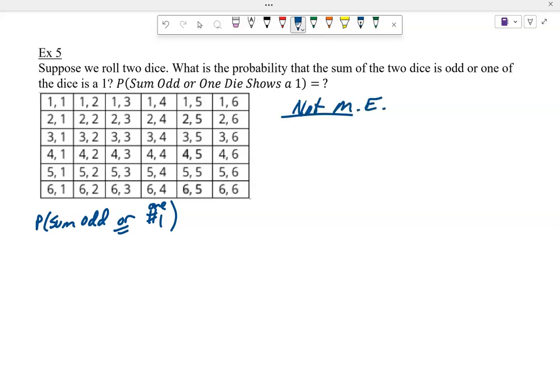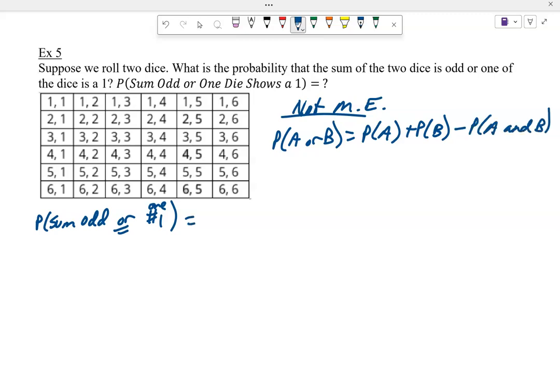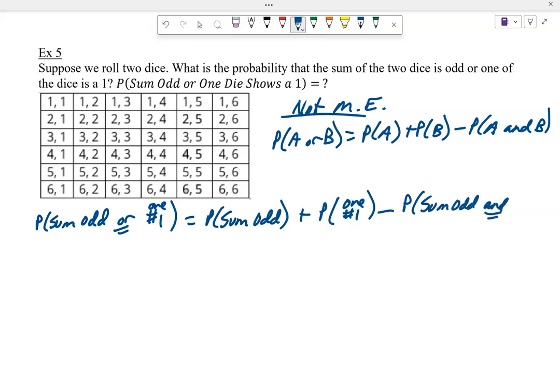mutually exclusive. All right, so probability of A or B is probability of A plus probability of B minus probability of A and B. So we got probability that the sum is odd plus probability that one number is a number 1 minus probability that the sum is odd and one of them is a number 1.